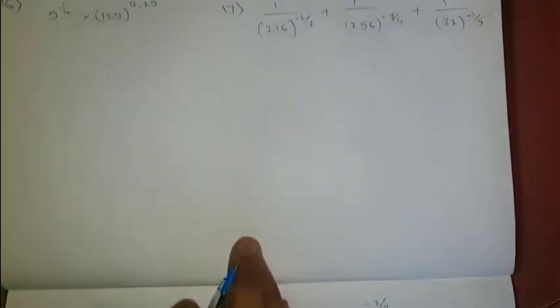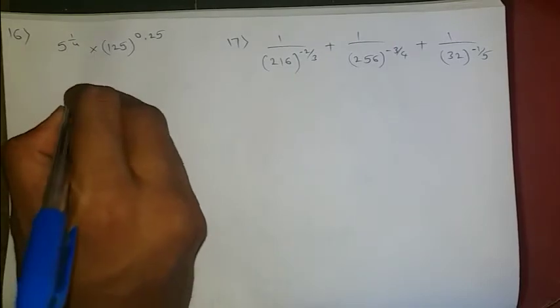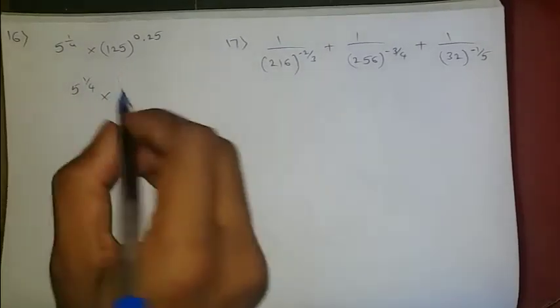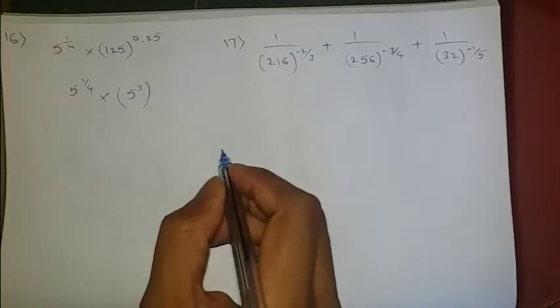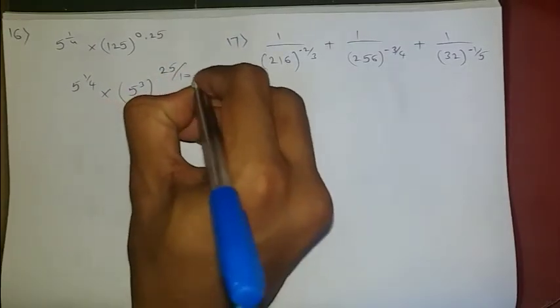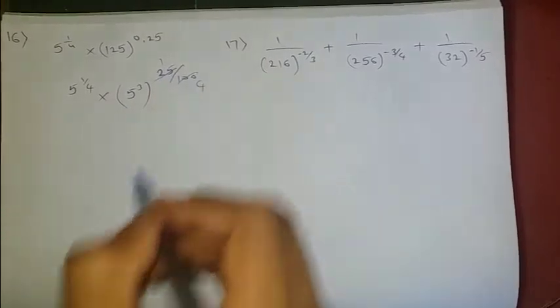Okay, let us check the next question. What is the value of 5 power 1 by 4 into 125 whole power 0.25? 5 power 1 by 4 as it is, into 125, I am writing it as 5 cube, whole power 0.25, which can be written as 25 by 100. 25 ones are 25, 25 fours are 100.